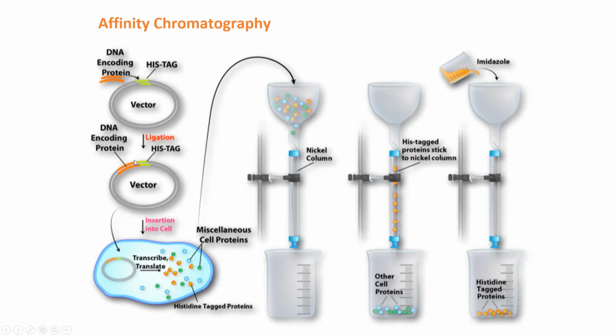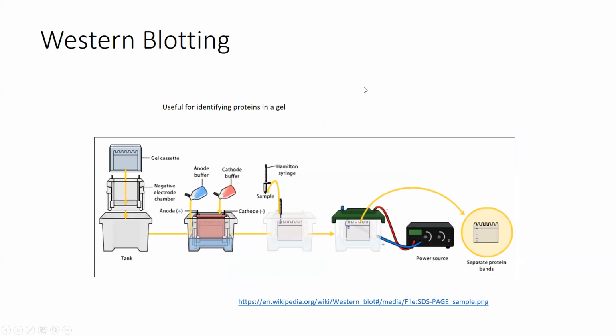And like I said, we don't only use DNA nucleotides, we can also use enzymes and substrates. We can also use antibodies, and we can also use antigens, as long as two things will bind together with affinity, like a lock and a key.